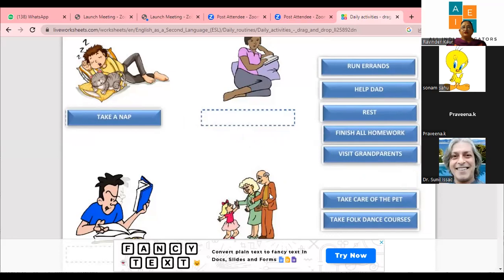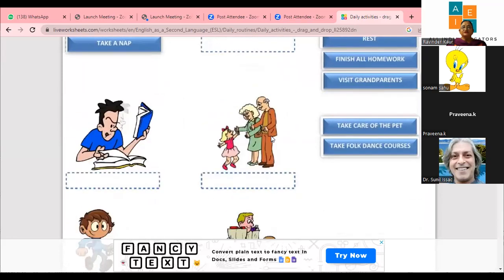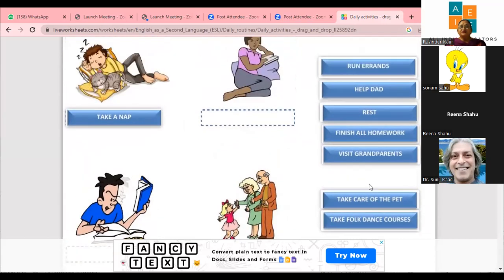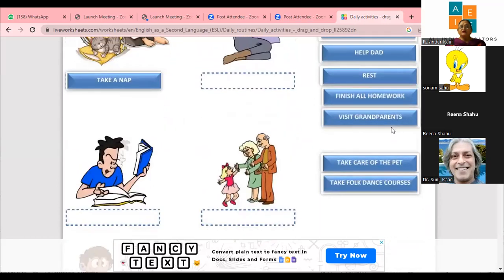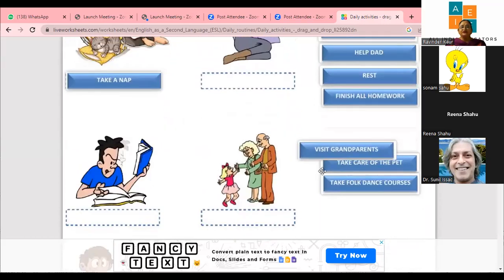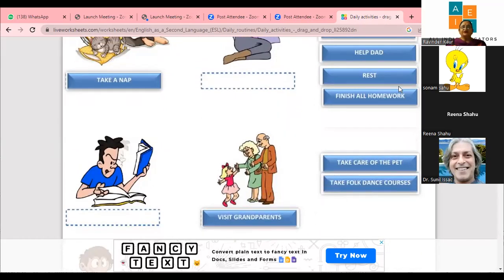Now, can you see this picture and tell me what is there in the picture? Visit grandparents. Is there someone to help dad, run errands, finish your homework, visit grandparents? Can we drag here? So take care of the pet.